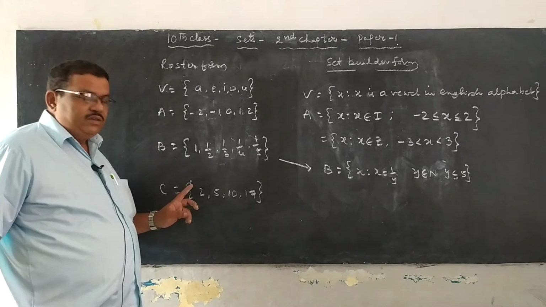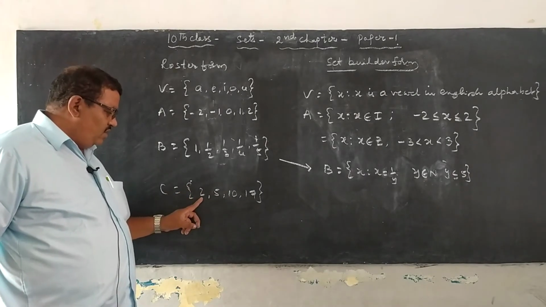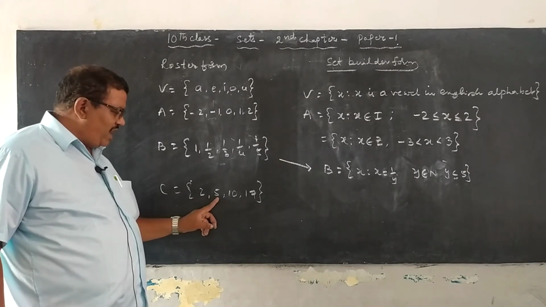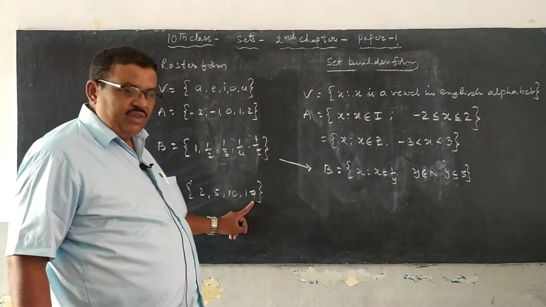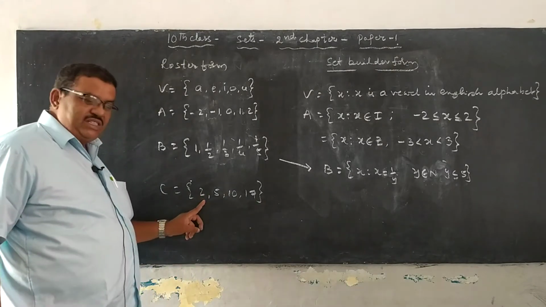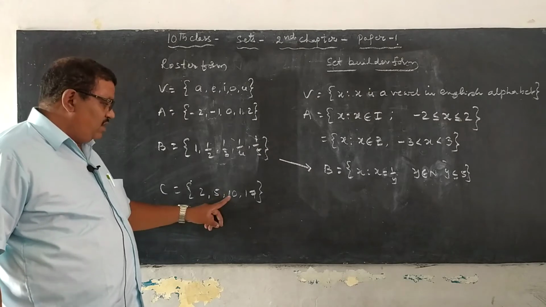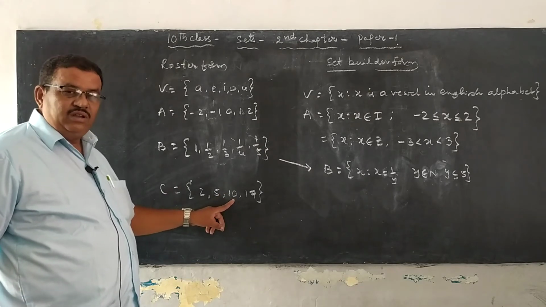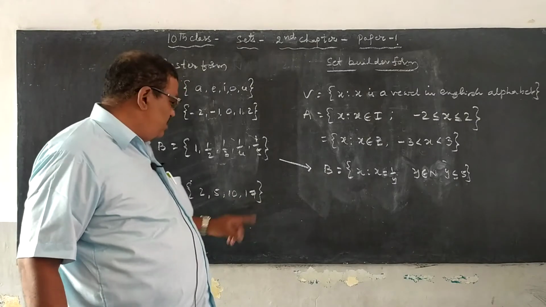So a small pattern is included here. This is 1 plus 1, this can be written as 4 plus 1, this is 9 plus 1, this is 16 plus 1. So 1 plus 1 means 1 square plus 1, 4 plus 1 that is 2 square plus 1, 9 plus 1 that is 3 square plus 1, 17 that is 4 square plus 1.